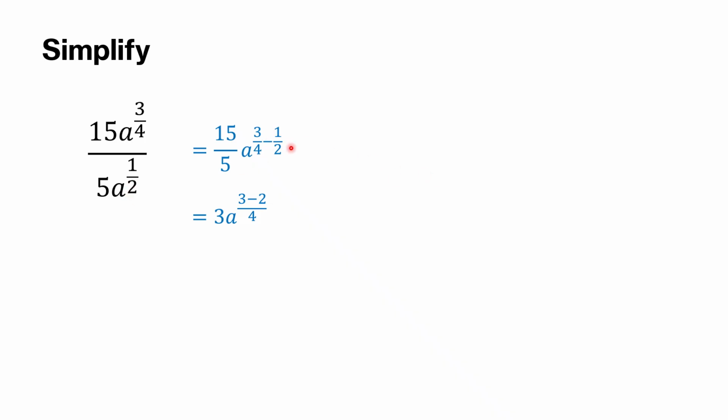So 3 fourths minus 1 half. Working with the LCD, which is 4, this would be 3 and this would be negative 2. So 15 divided by 5 will be 3. So working with that, that will be 3a raised to 1 fourth.